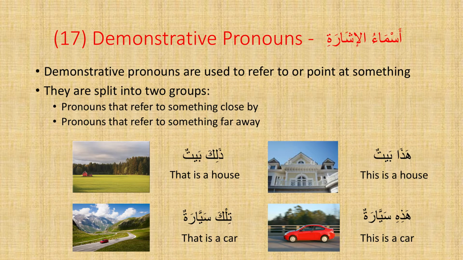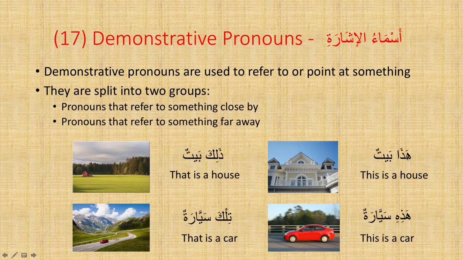So moving on to demonstrative pronouns, asma'ul ishara. Demonstrative pronouns are used to refer to or point at something. They're split into two groups. There are demonstrative pronouns that refer to something close by, and there are demonstrative pronouns that refer to something far away. So هذا بيت, this is a house.